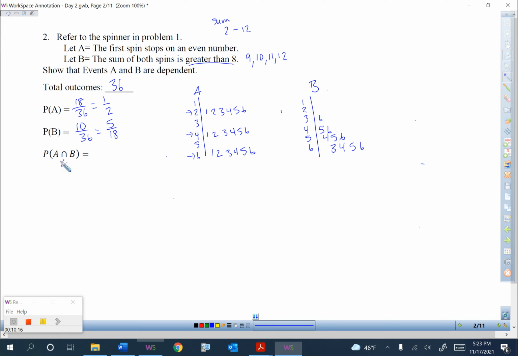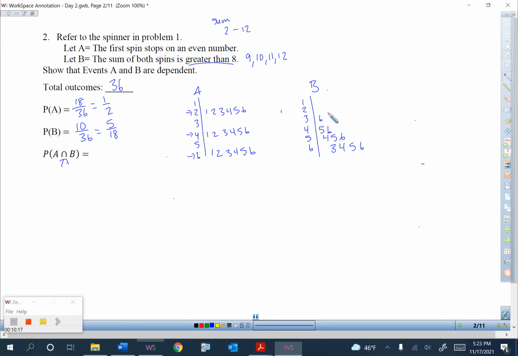And now I'm going to go look for the overlap. You can pick either of these sets to start with. It does not matter. But whatever set you're looking for, you're trying to find where B also happens, or where A also happens. If I'm looking at A, all of my even ones, I would just see where a sum greater than 8 is also happening.